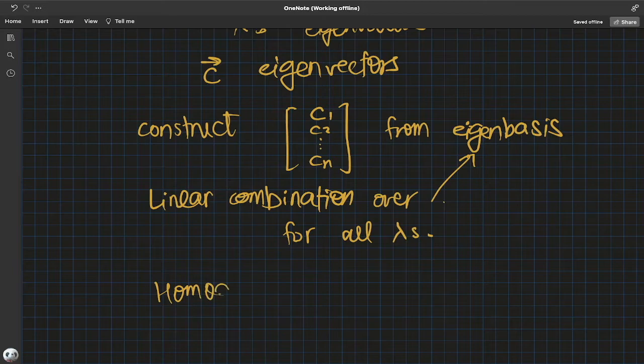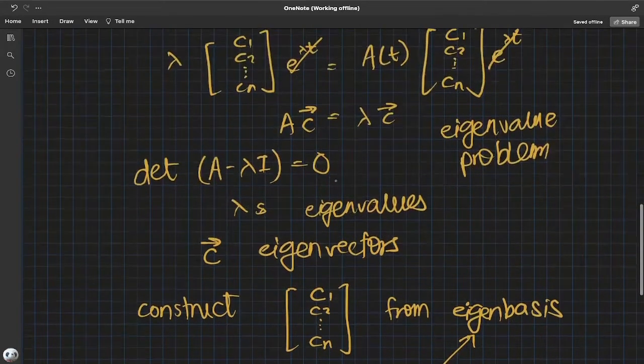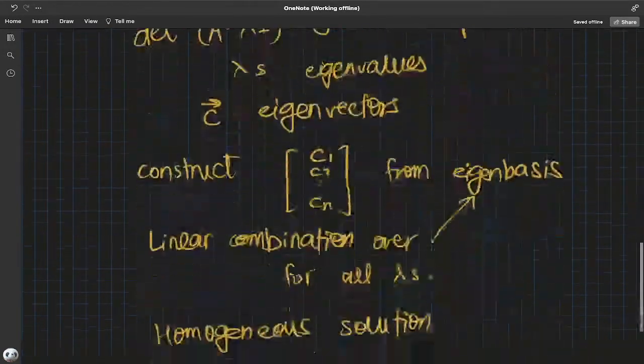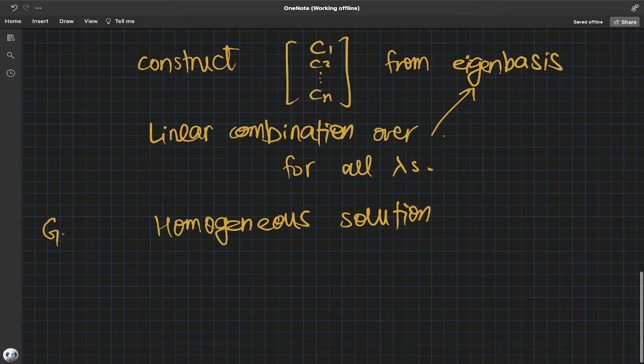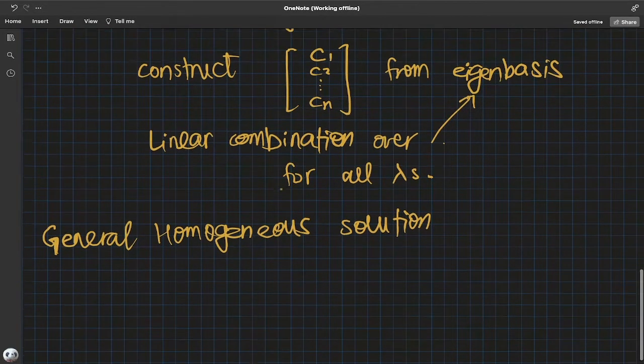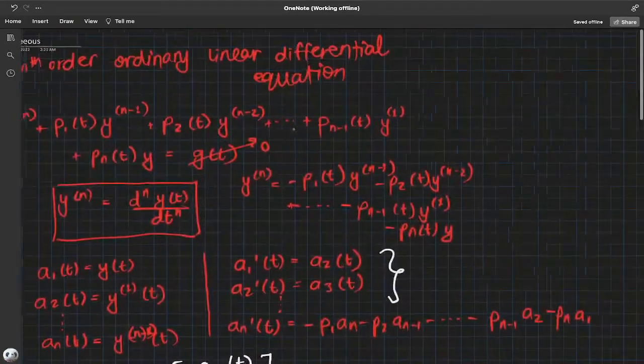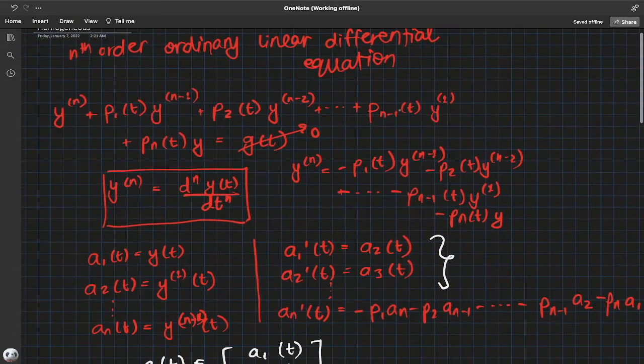That is your general homogeneous solution for this system. I'm not going through the steps for the last part, because I think we talked about this a lot. This is your general homogeneous solution. That's pretty much what you need to do for the homogeneous solution.